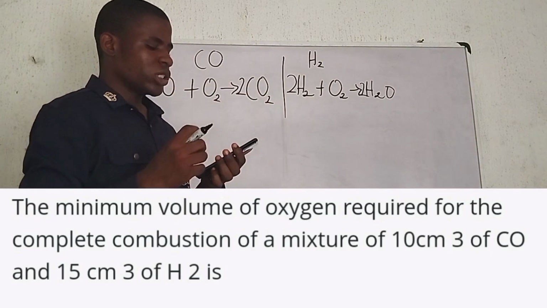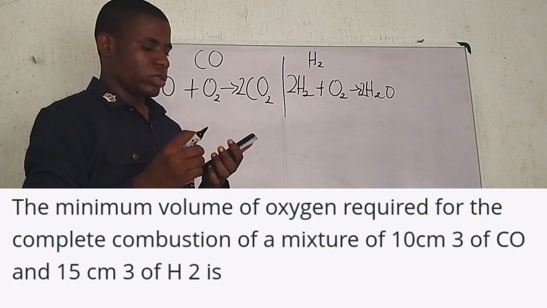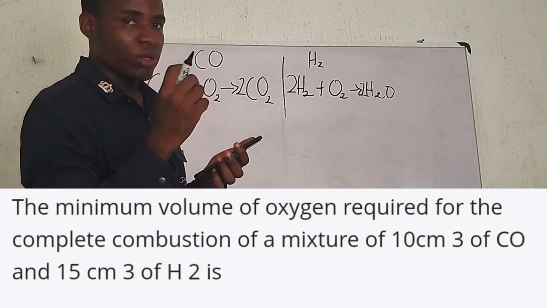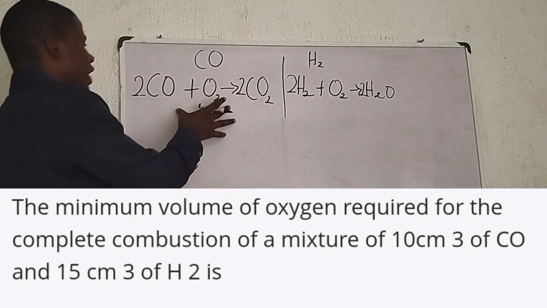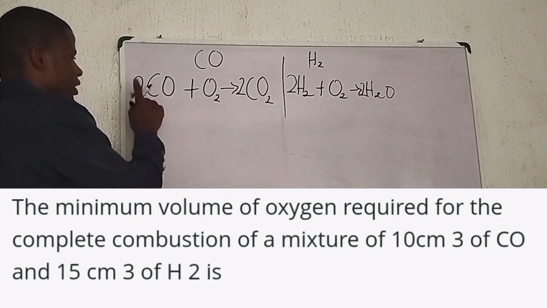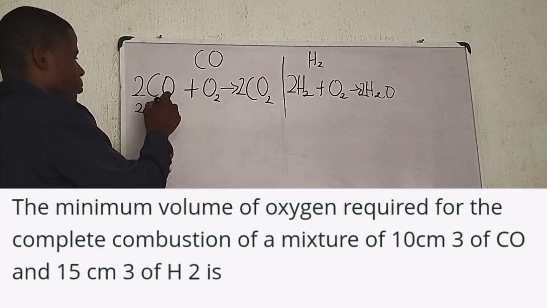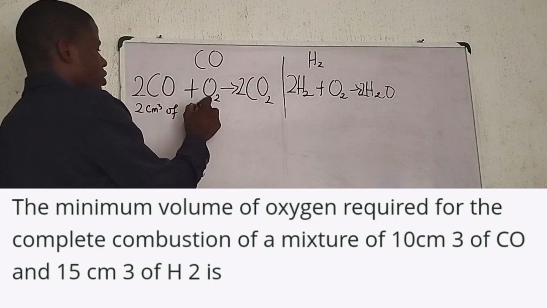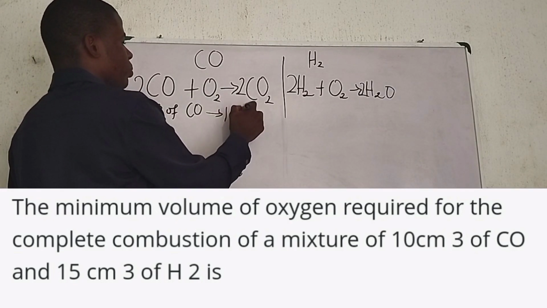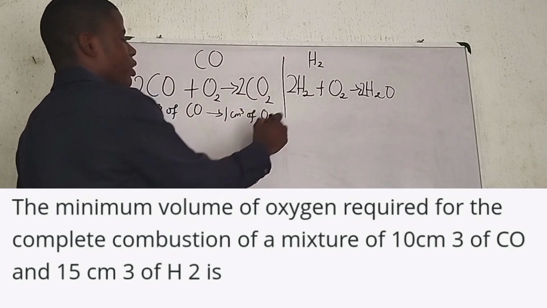The question says, what's the minimum volume of oxygen required for the complete combustion of a mixture of 10 cm³ of CO, of carbon monoxide? Looking at here, you can see that 2 cm³ of carbon monoxide requires 1 cm³ of oxygen for complete combustion.